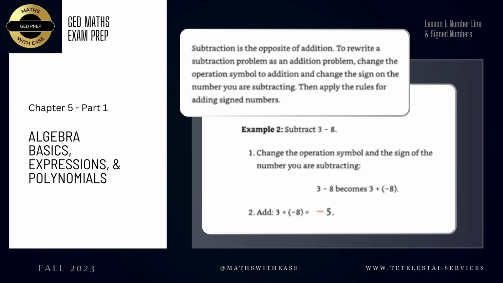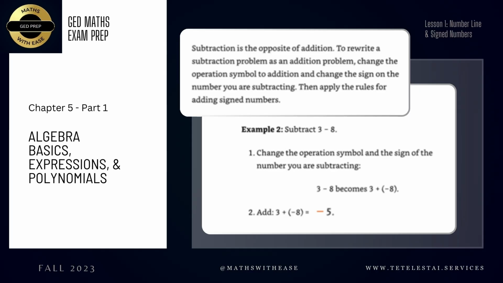So you want to change the operation symbol and the sign of the number that you're subtracting. So you would put negative 8 in parentheses, okay, just to kind of make your life easier, and so that you can remember that you're dealing with a negative number. Then put an addition sign, and then you would add 3 plus negative 8.